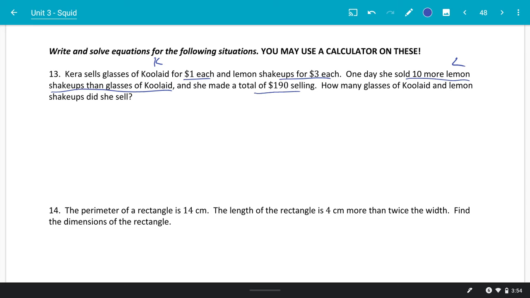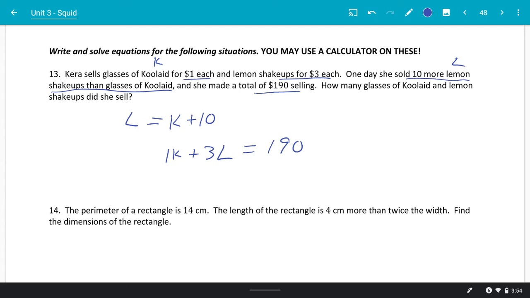So one day she sold 10 more lemon than Kool-Aid. So K plus 10 equaled our lemonade. And then we know the price was 1K plus 3 lemonades, and that got us $190.